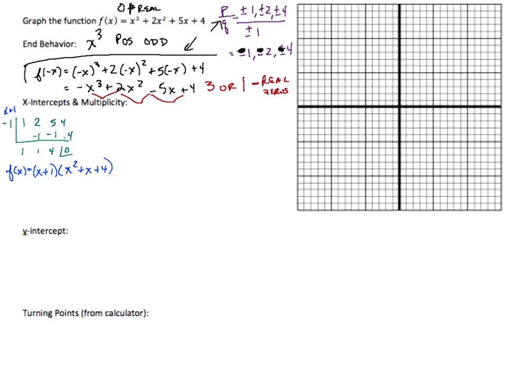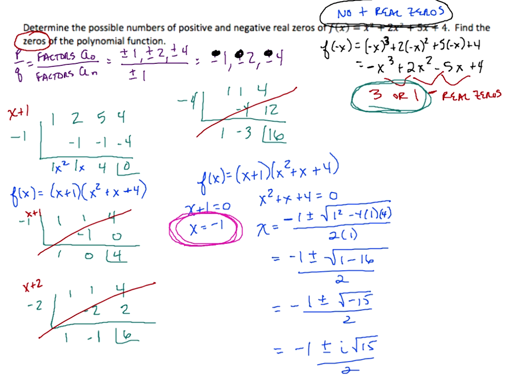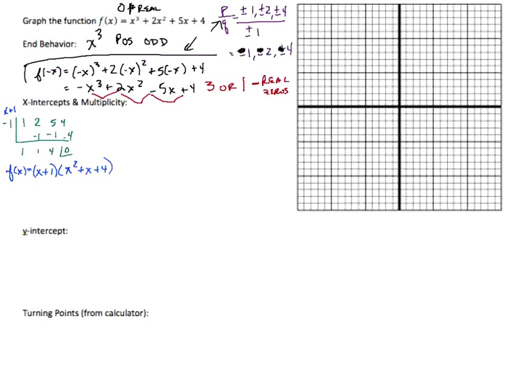This is the same quadratic that we had with the last one. Is this the same problem? Anyway, did I put the same one on both? x cubed plus 2x squared plus 5x. It's the same one, so we've already done all the work for this.